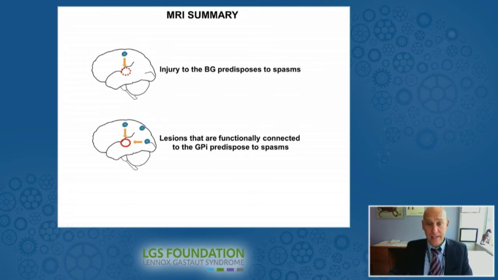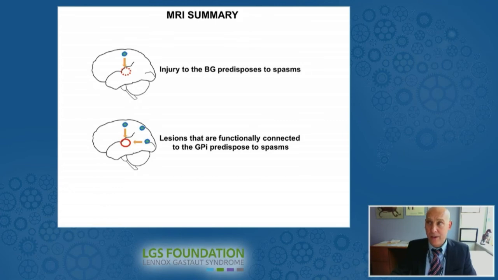And we know that lesions that are functionally connected to the globus pallidus interna, here also represented, but not lesioned. So this is a lesioned basal ganglion, and here's the deep gray unlesioned. And if these foci are on the network that connects with the GPI, then you have a bigger chance of spasms. So this tuber theoretically is not contributing to spasmogenesis, if you will.